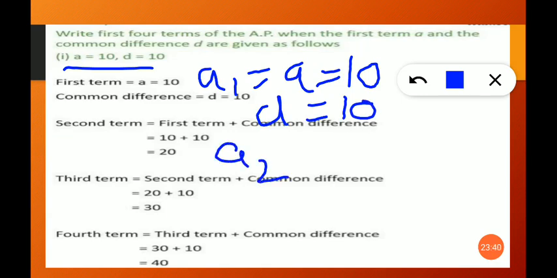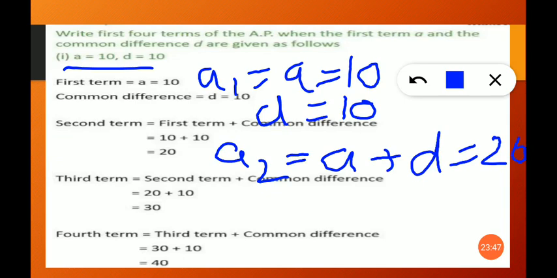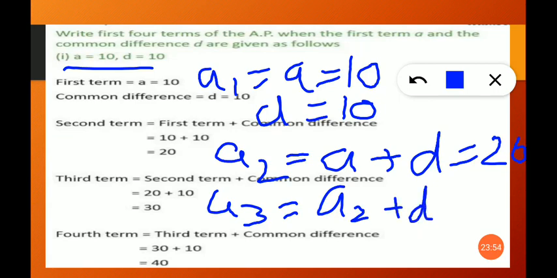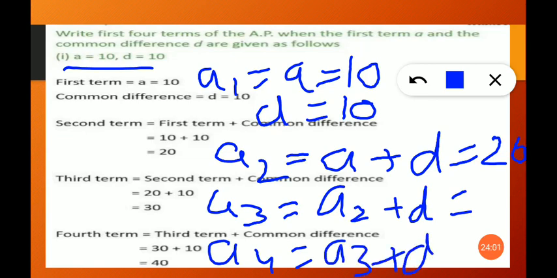Then a2 is equal to a plus d, 20. a3 is equal to a2 plus d, and find out. a4 is equal to a3 plus d, and find out. Like this, in the form of symbols also we can write.